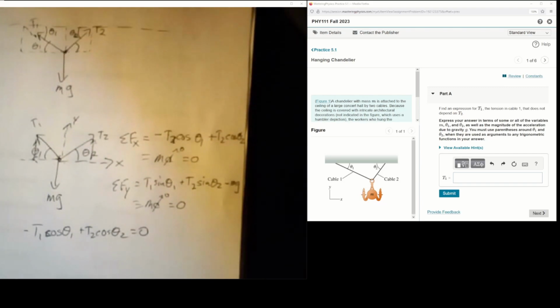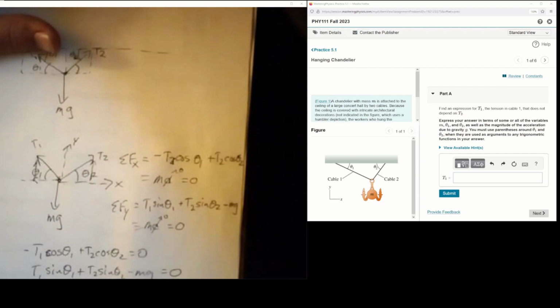And from the y direction, we got T1 sine theta 1 plus T2 sine theta 2 minus mg equals 0. And ultimately the problem wants us to find tension 1. So we're looking for T1 here, which means we need to get rid of T2. So we're going to have to do some substitution.